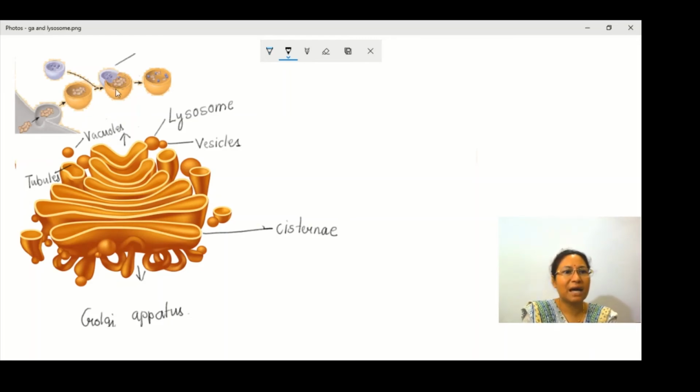Now in the upper portion of the screen, you can see how the lysosome works. Here you can see the lysosome has a membrane around it, and it is filled with digestive enzymes. This boundary shown here is the plasma membrane.